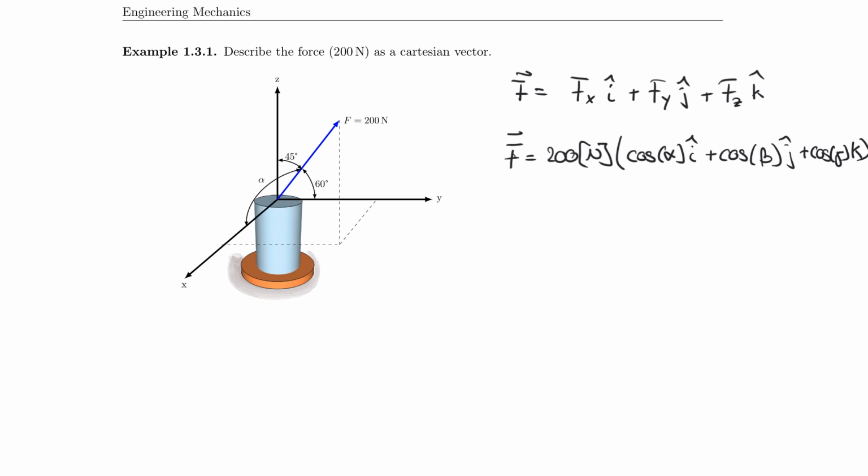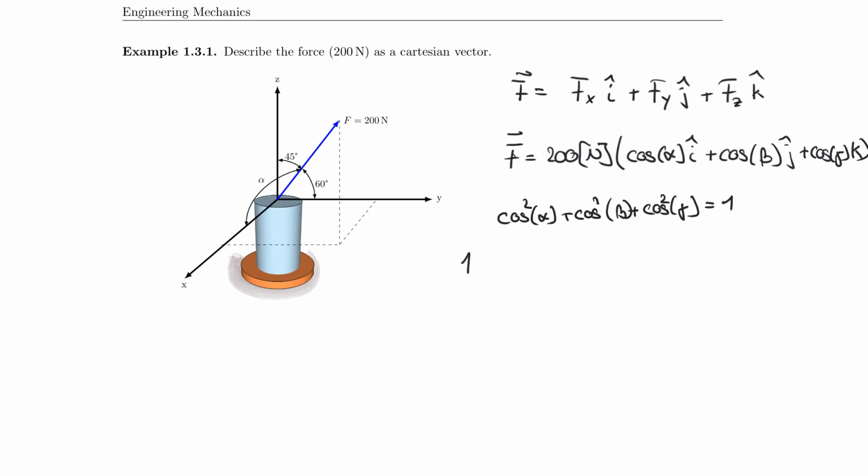By knowing that cosine squared alpha plus cosine squared beta plus cosine squared gamma is equal to 1. So all I have to do now is rearrange it for alpha. I do that in steps here so that it's easier to follow.